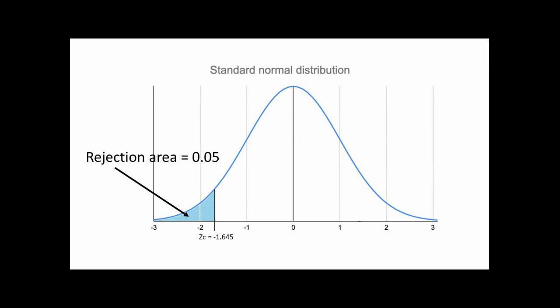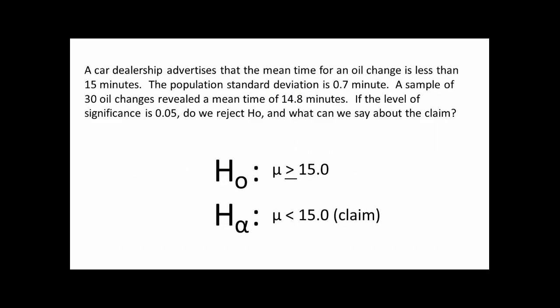This does not fall in our rejection area, so at this level of significance, there is not enough evidence to reject H0. At this level of significance, we cannot reject H0, but the claim this time was H alpha, so we would say there is not enough evidence to support this claim at the 5% level of significance.